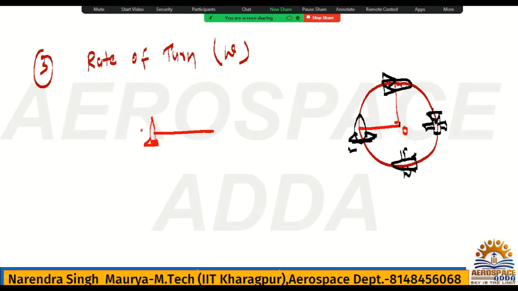This is the aircraft, this is psi, and the aircraft's velocity is V. This is the turn radius, and the angular velocity omega is called the rate of turn.